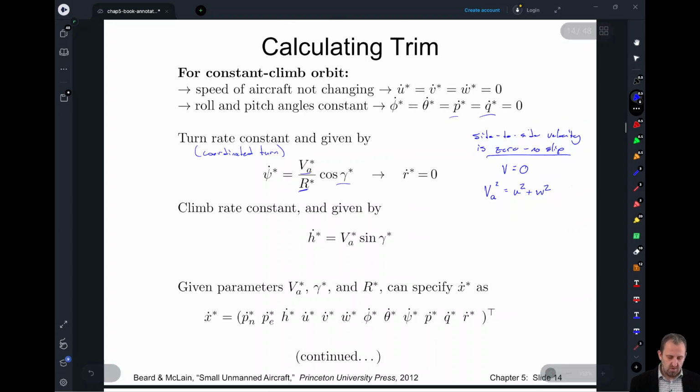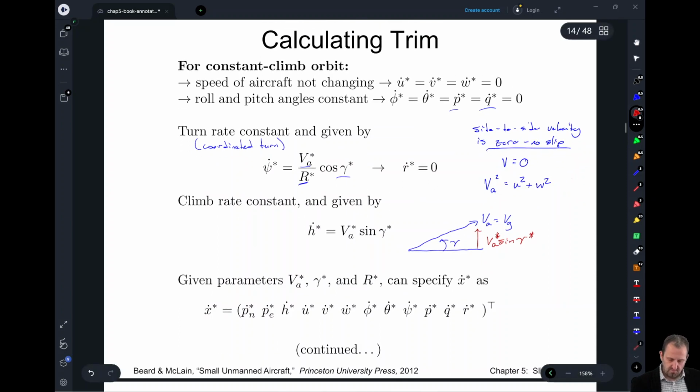And then we also want to climb at a certain rate. So if we look at this, this is our desired VA or VG. We have gamma. So our upwards velocity is just going to be equal to VA times the sine of gamma, where these are both the nominal aspects. So H dot is equal to VA sine of gamma.